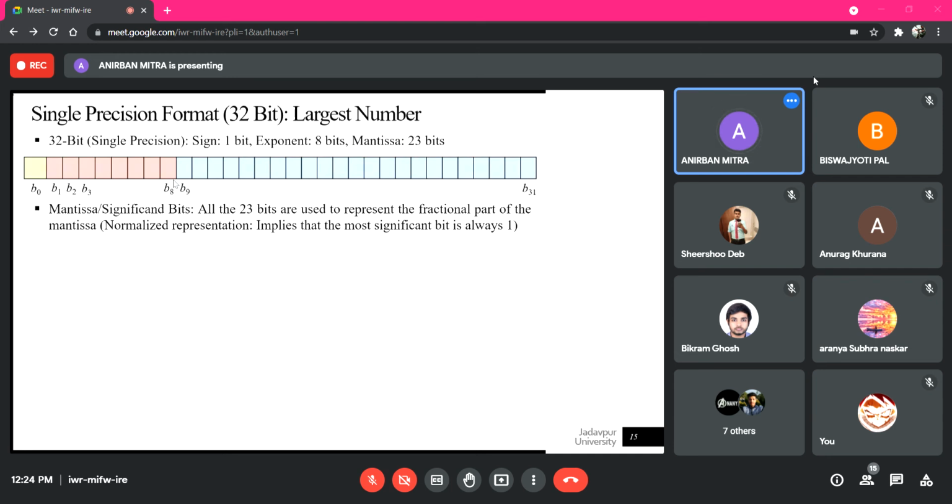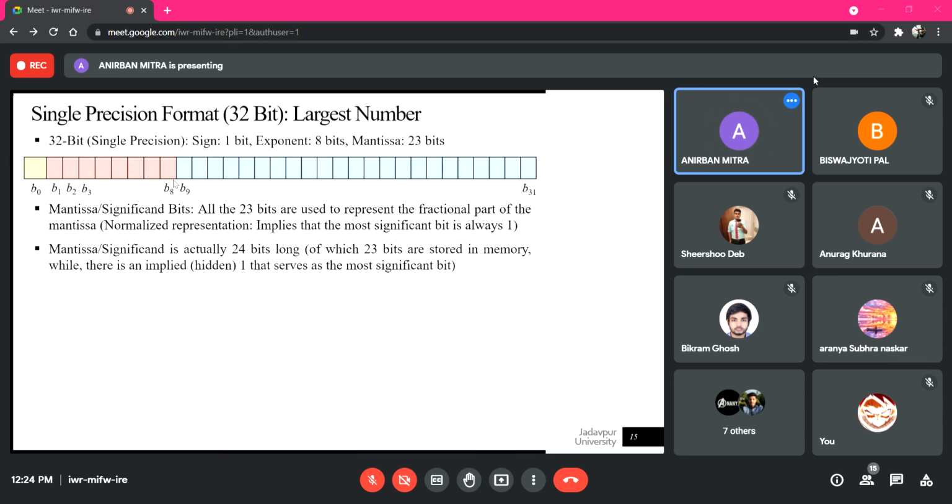Remember that we are going for a normalized representation here. That implies that the most significant bit is always 1, and all the 23 bits are used for the fractional part of the mantissa. So although this is 23 bits long, the mantissa is actually 24 bits long, of which 23 are stored in memory and one of them is implied or hidden.